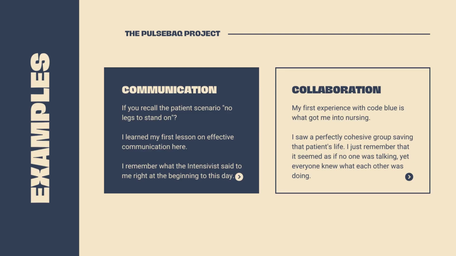So if you recall the instance of the patient scenario from a few lessons ago about there's no legs to stand on, and like how I said that the intensivist on that unit talked to me about my communication to the pharmacist and getting the urgency for the need of that medication to raise that patient's blood pressure to get the perfusion.